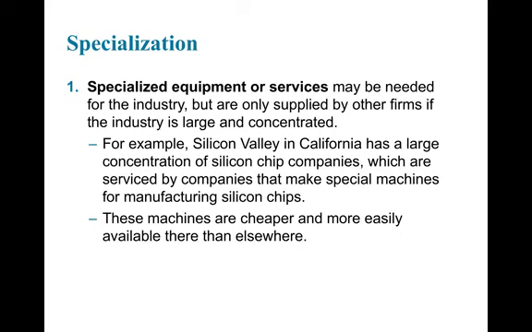The industry may need specialized equipment or services, which are only supplied by other firms if the industry is large and concentrated. For example, Silicon Valley in California has a large concentration of silicon chip companies, which are serviced by companies that make special machines for manufacturing silicon chips. These machines are cheaper and more easily available there than elsewhere. So specialization of equipment and services is one reason.